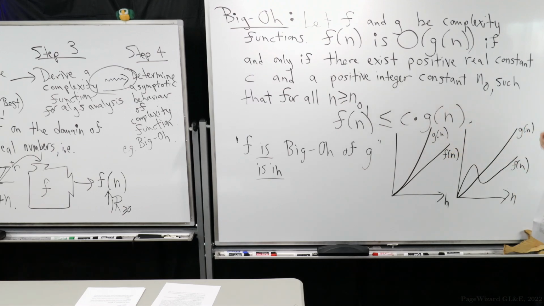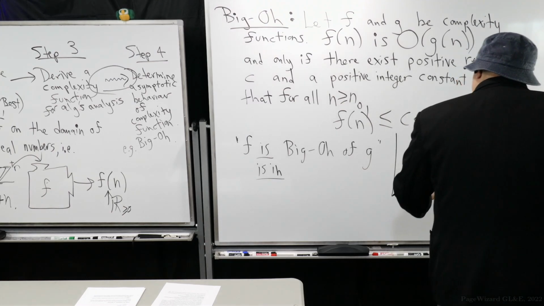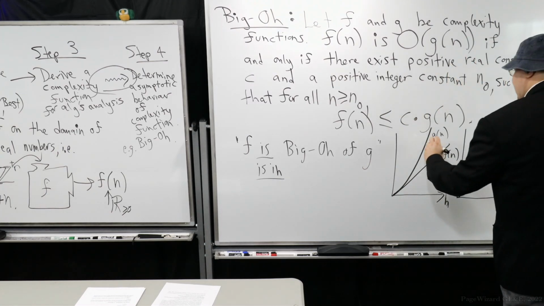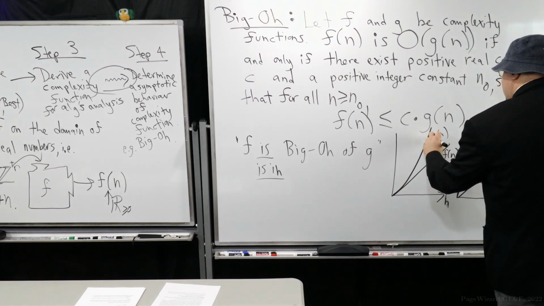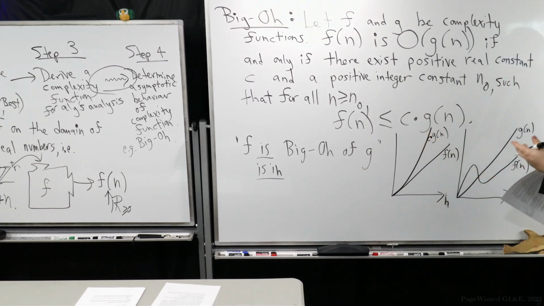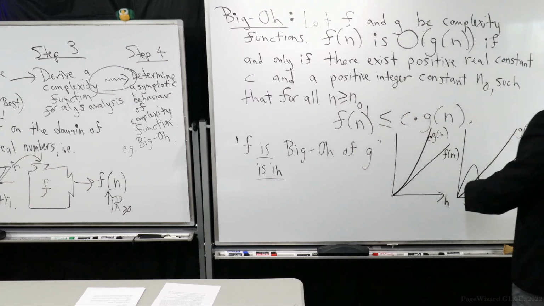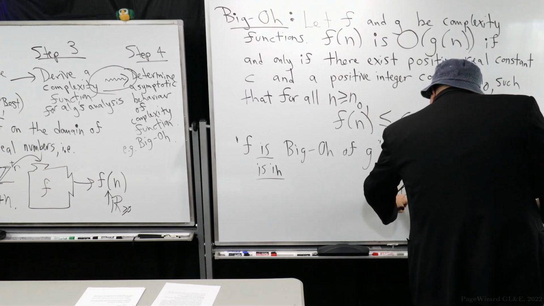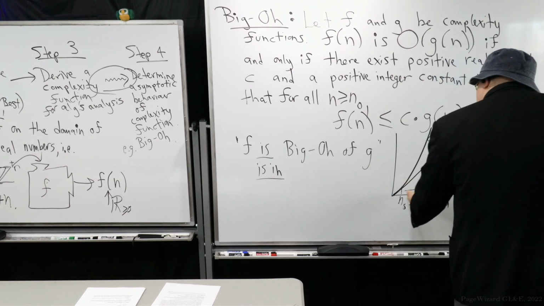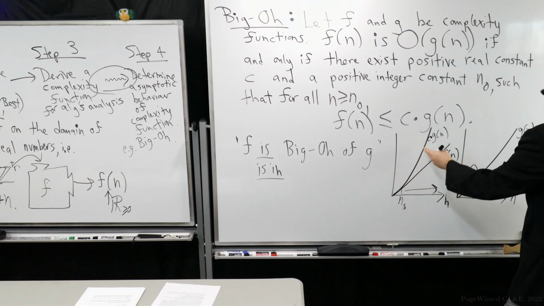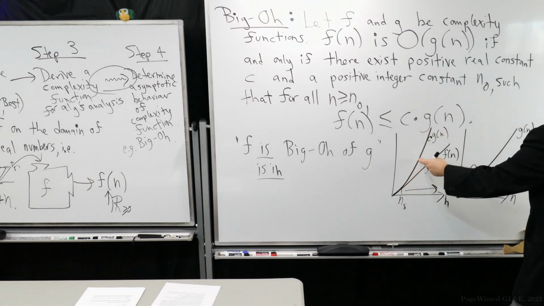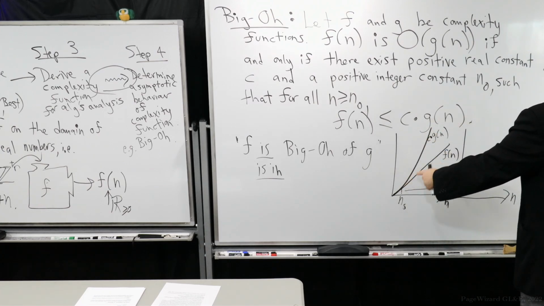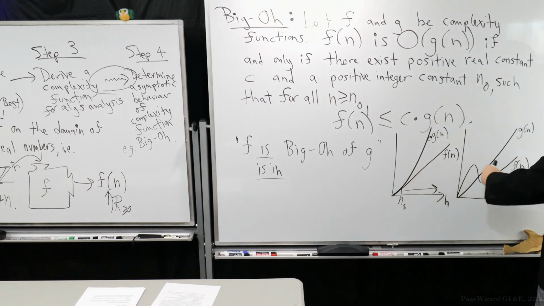It wouldn't matter if I made C 1, 2, 3, 4, 5, 6. I could imagine this just being one function times some constant. And everywhere after, say, 1, C times g of n is always going to be larger, it's going to dominate f everywhere after this.